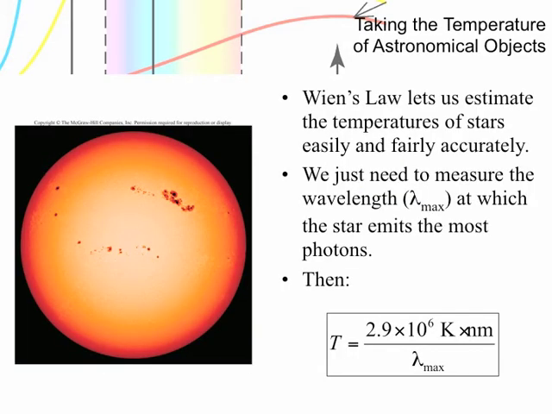There are equations that go with this. If we are able to measure the exact wavelength which is at the peak of the spectrum, where the most radiant energy is given off, we can call that lambda maximum. Once we know lambda maximum, we can take a constant and divide it by lambda maximum to come up with the temperature of that object.